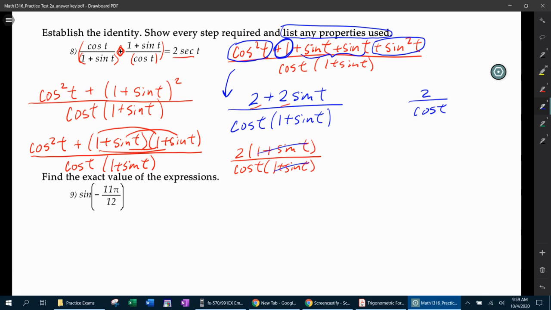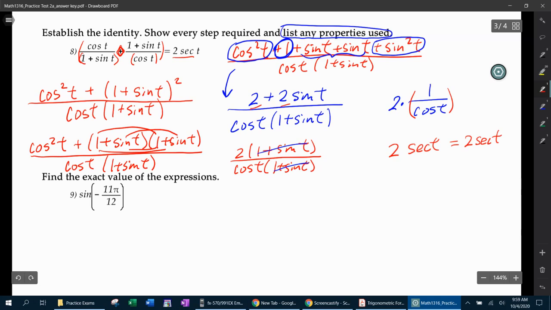which we could also write as 2 times 1 over cosine t. And we know that 1 over cosine is the secant. So then that would equal 2 secant t, which is now equal to the other side, and we're done.